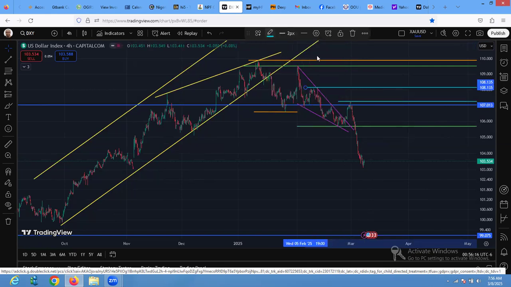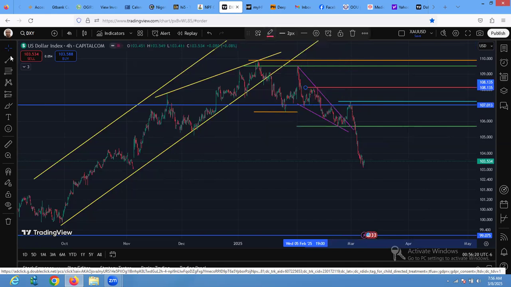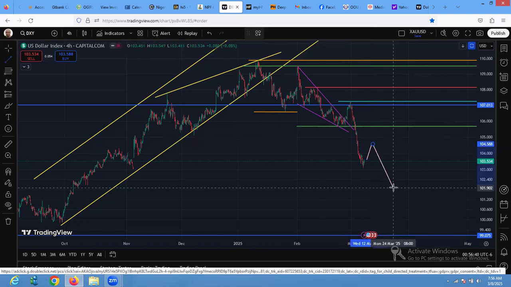That's a red. So what we are saying now is that either from this level, we want to see a fourth wave of that tree. We want to see the fifth wave of that tree.